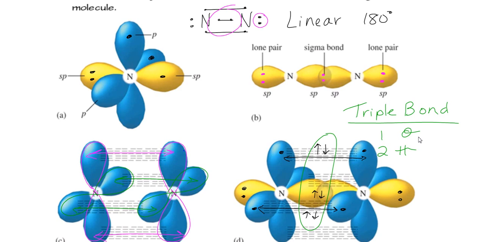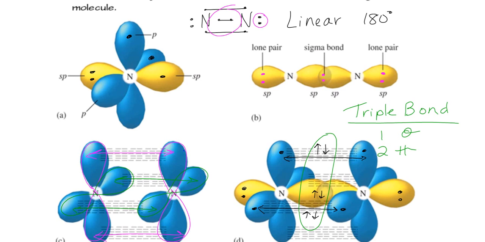I mean, that's good stuff. But anytime I see a triple, it's going to be the overlap of hybrid orbitals, sp hybrids, and then 2 unhybridized p orbitals. The unhybridized p's will form the pi bonds, the 2 pi bonds. And then the overlap of the sp hybrids will form the sigma in the center. So it's always a sigma and 2 pi's for a triple bond.